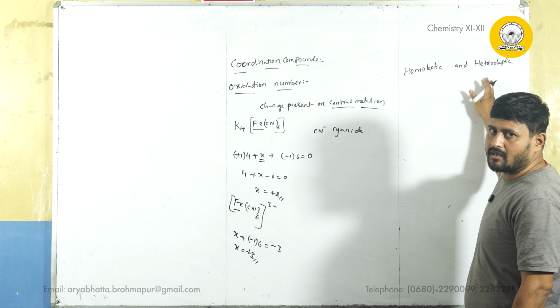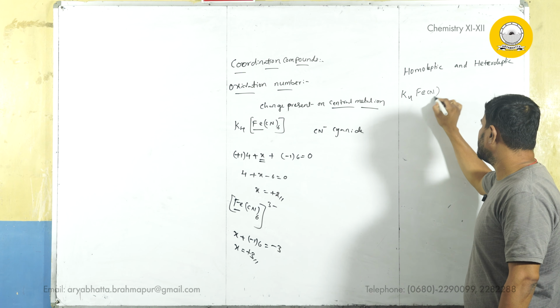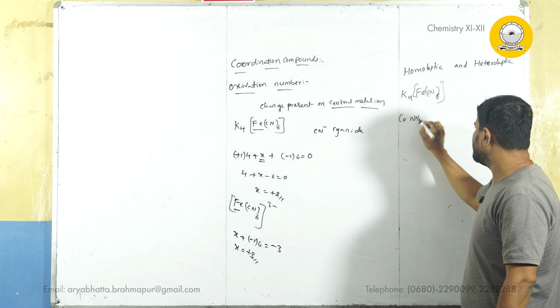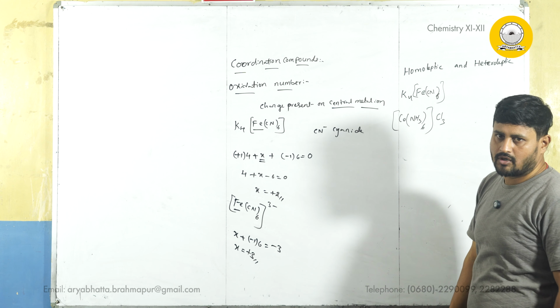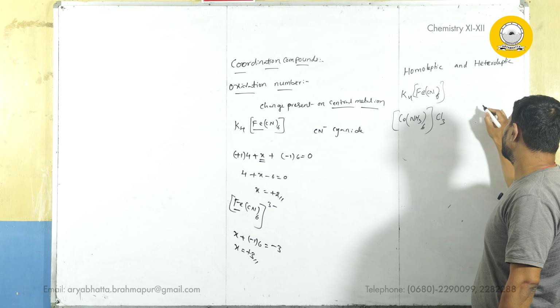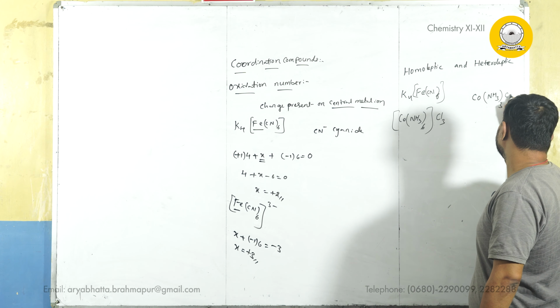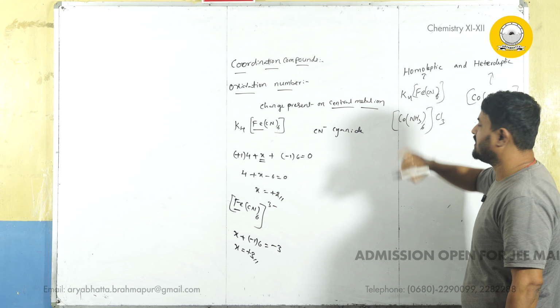[Co(NH3)6]Cl3 is also homoleptic. And another one, [Co(NH3)3Cl3], is heteroleptic. These are homoleptic.